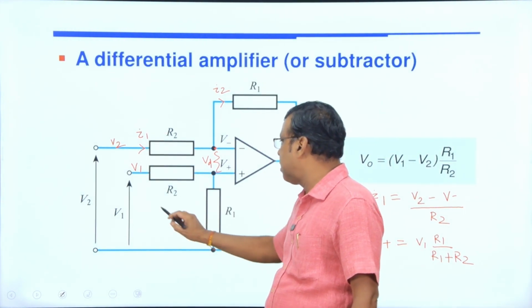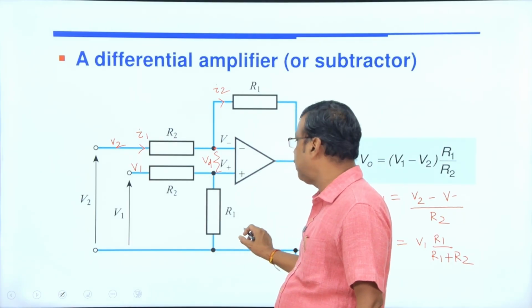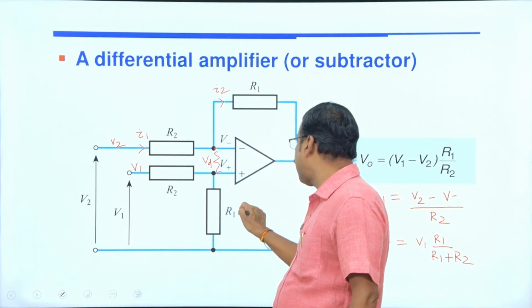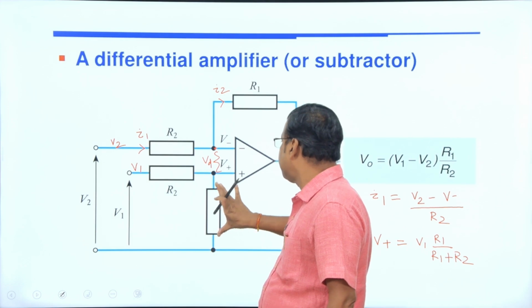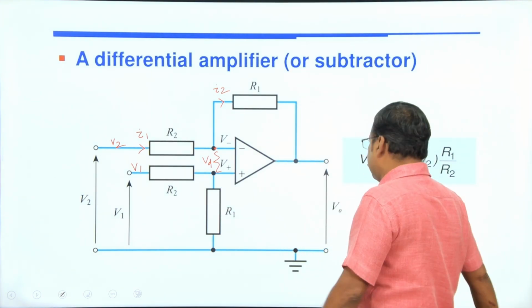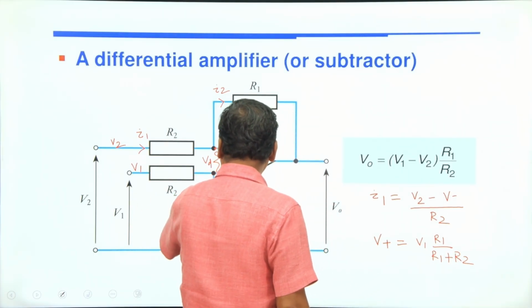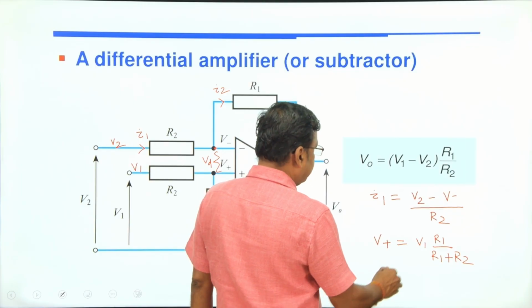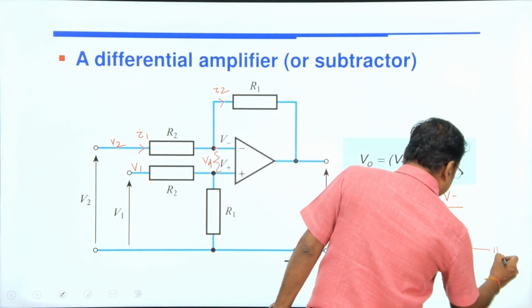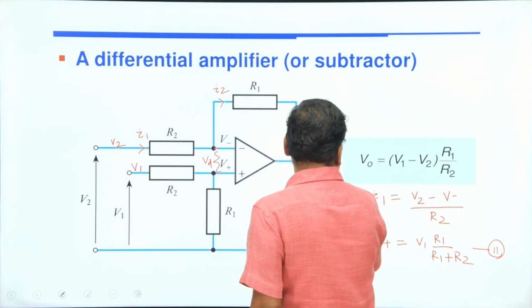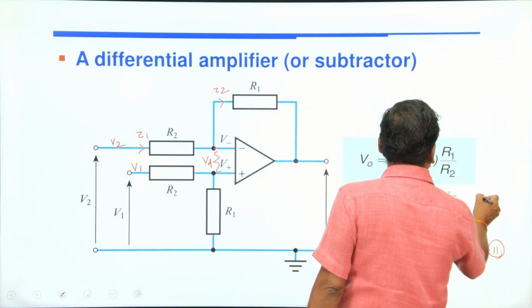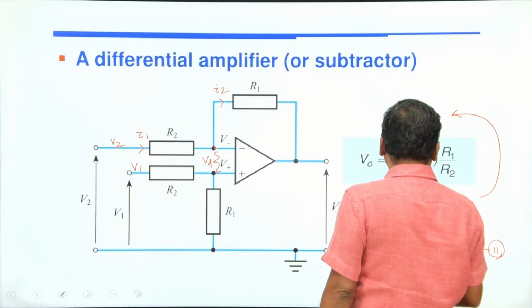Current is V1 by R1 plus R2, and current I into R1 is this voltage, which is V plus. So this voltage is V1 into R1 by R1 plus R2. This is your V plus. Let this be equation 2, and from this you can find out the next step.